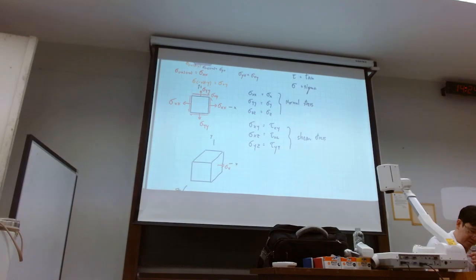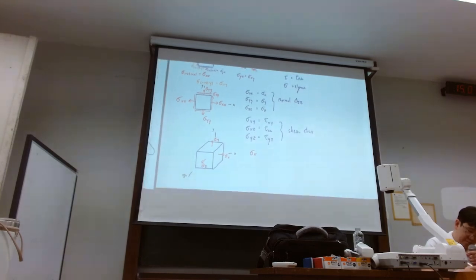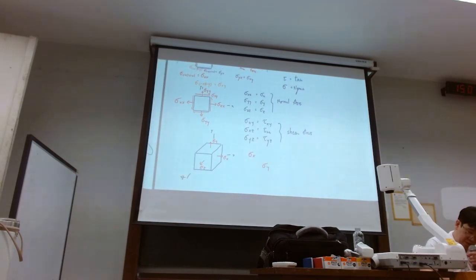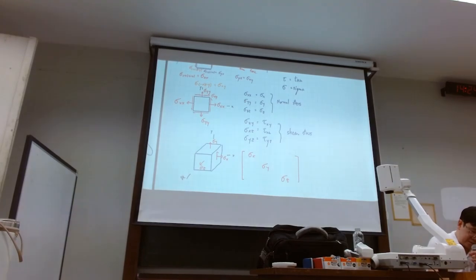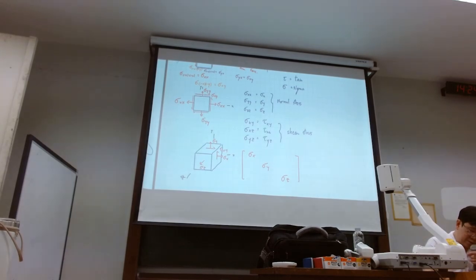sigma x, sigma y, sigma z as a normal stress in 3Ds. So it means that we have sigma x, sigma y, sigma z. I'll put it this way. And I will have, on the surface that we see, this is going to be tau, rather than calling it sigma, tau xy.